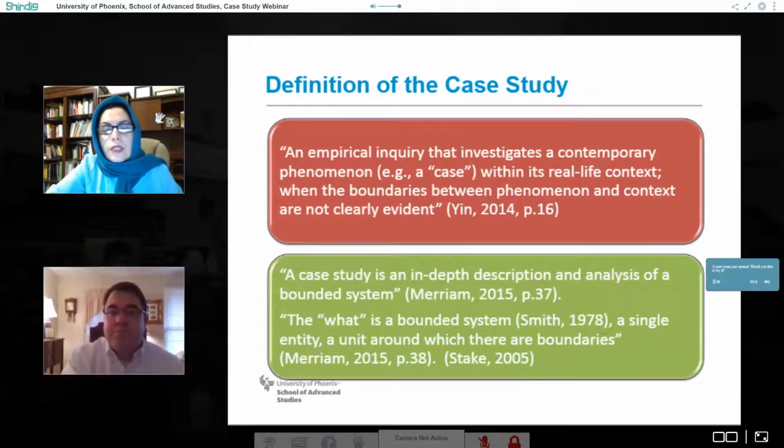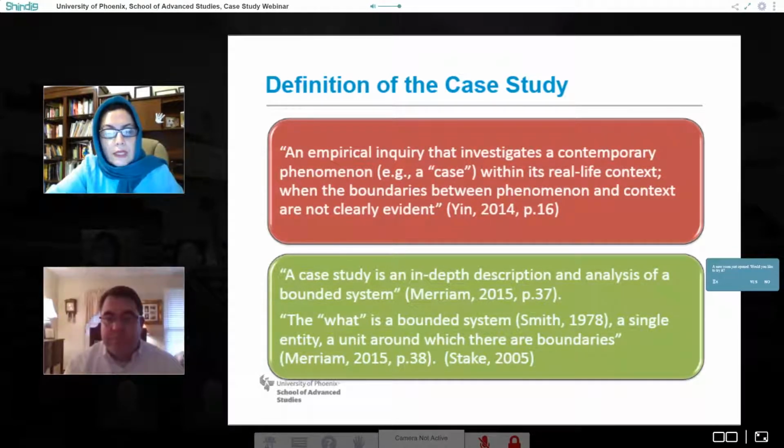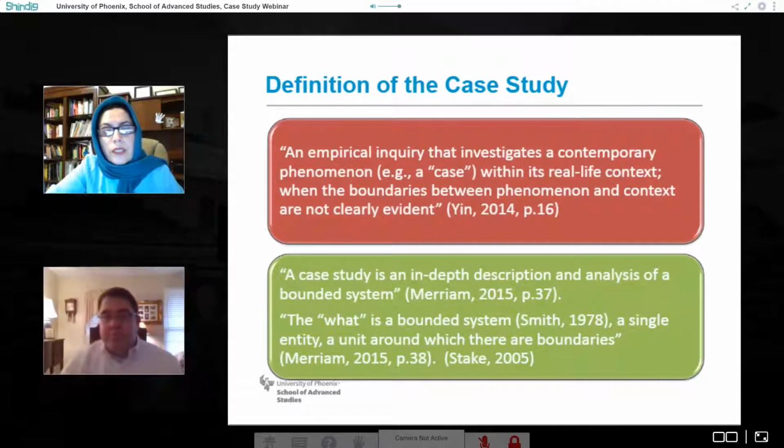So Yin explains case study as an empirical inquiry that investigates a contemporary phenomenon, which we can call the case, within a real life context. And the boundary between the phenomenon and context are not clearly evident.